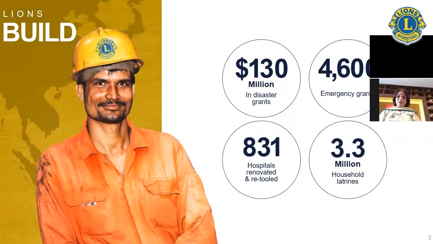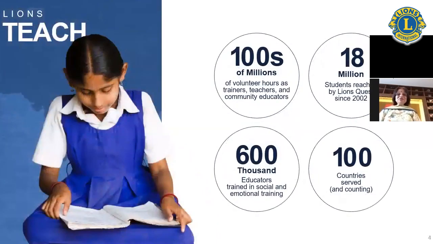$130 million in disaster grants ensures that LCIF is there for Lions at those critical moments and times of need in their communities. Next slide is Lions Teach. Yes, friends, Lions also teach. We are at the forefront of youth skill development, as we recognize that they are our future. Through programs like Lions Quest, we have reached over 18 million students to teach them necessary skills to eventually enter and strengthen the global workforce.